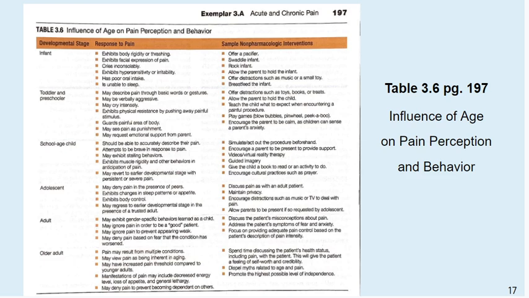Another thing I want you to make sure you look over and read in your book is table 3.6 on page 197. This describes the influence of age on our pain perception and behavior.